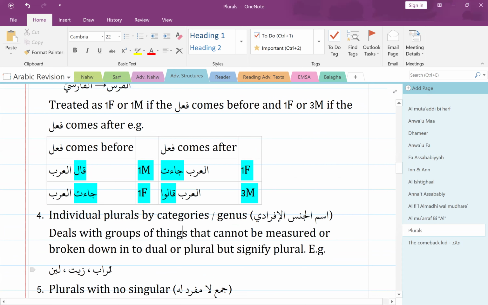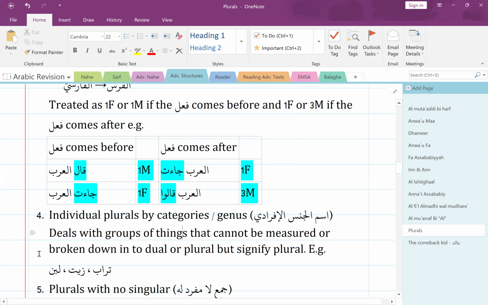You cannot say two sands or two soils or three sands, it doesn't make any sense. So turab is just turab, or zait is just zait. It's a category of things, but you cannot make it plural more than that. Zait means oil, so you cannot say two oils or zaitani. You can't do that.